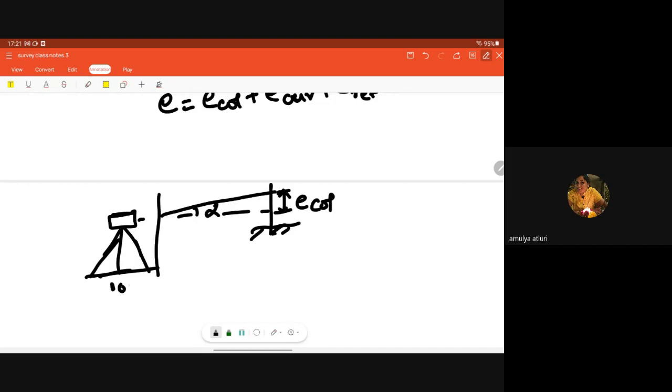So this reduced level is, suppose, 100, and here RL is 11.60, and the distance is D. Then what is tan alpha? E collimation by D. Sometimes you won't get alpha; they will ask you to calculate alpha. Then this is the method. Sometimes they will give you E collimation and the distance.